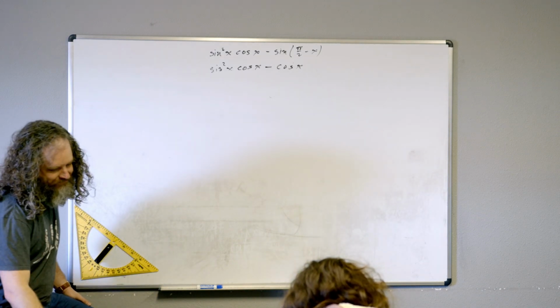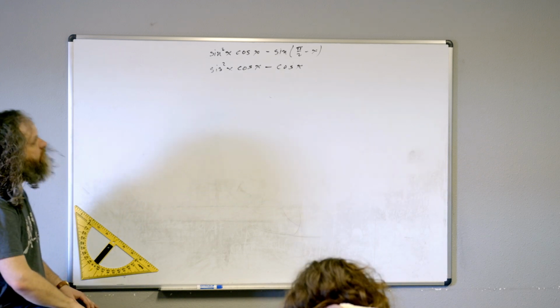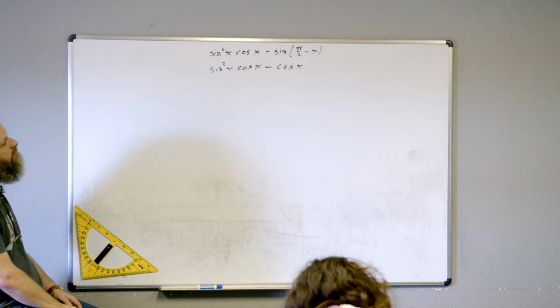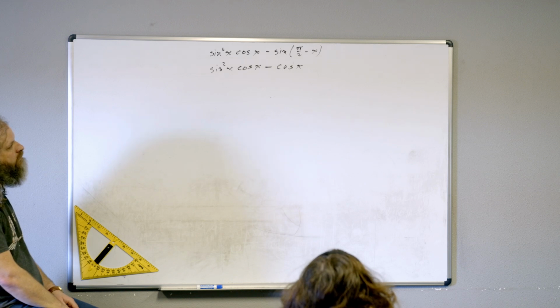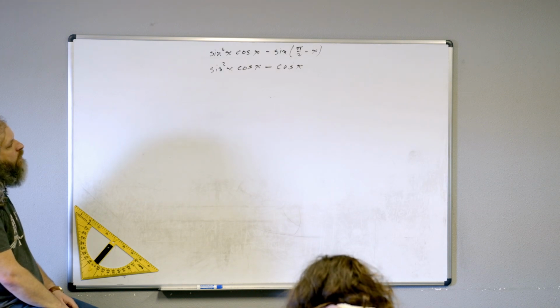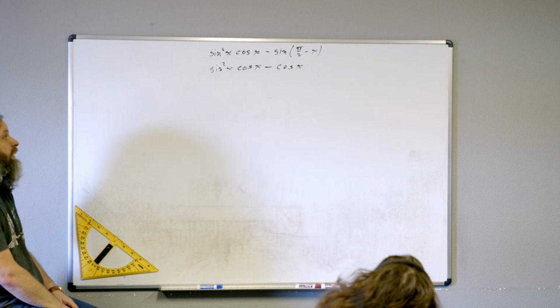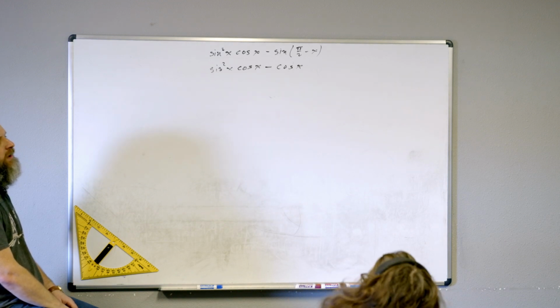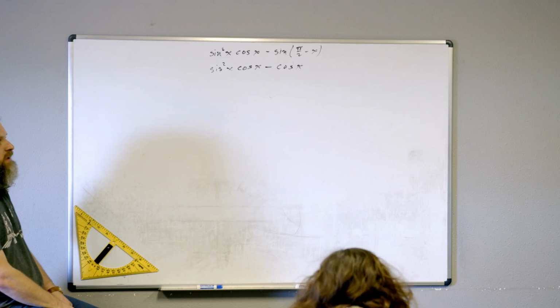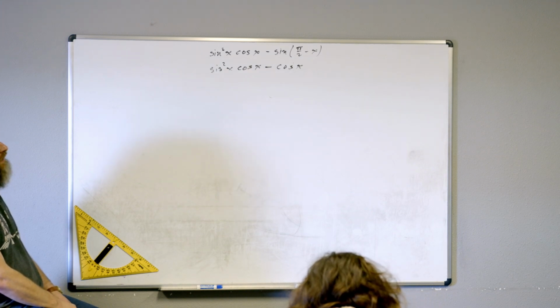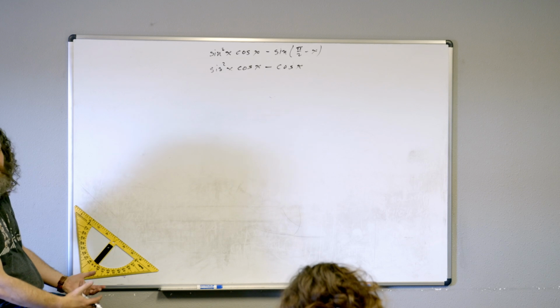Now what can we do? Sine squared cosine x, we have to multiply stuff from the left together first. You're talking about the sine squared and cosine. Well, we can't do anything with it really. It's just there. There is something we can do that might help us.